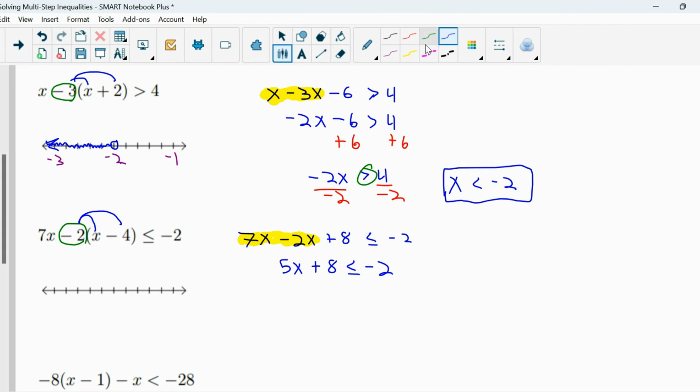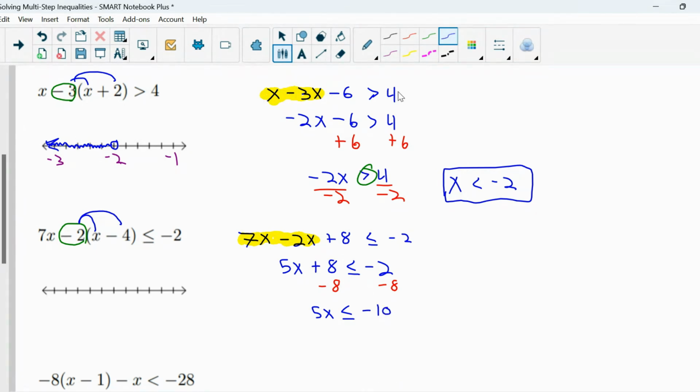Now we just have a basic two-step equation. Let's go ahead and isolate our variable by subtracting our constant from both sides. This leaves us with 5x is less than or equal to -2 minus 8, which gives us -10.